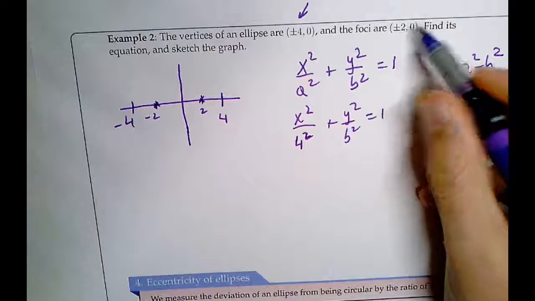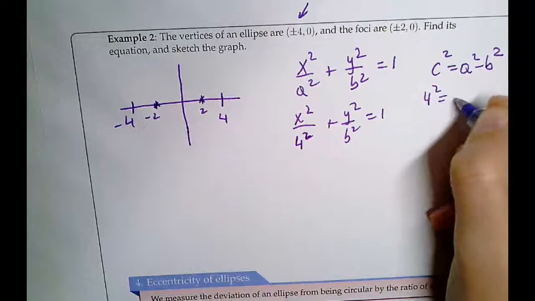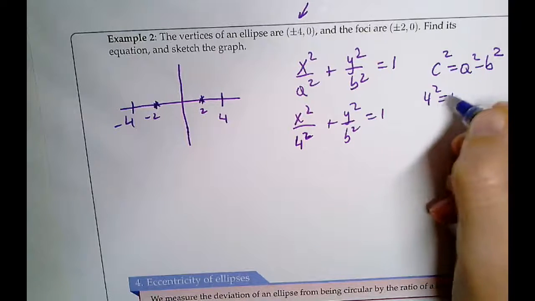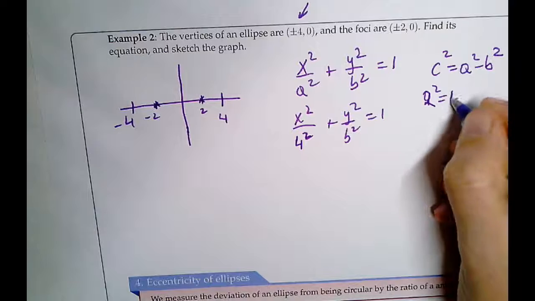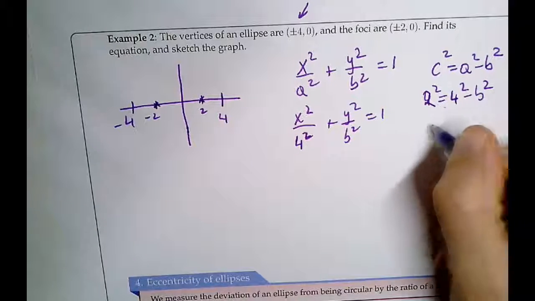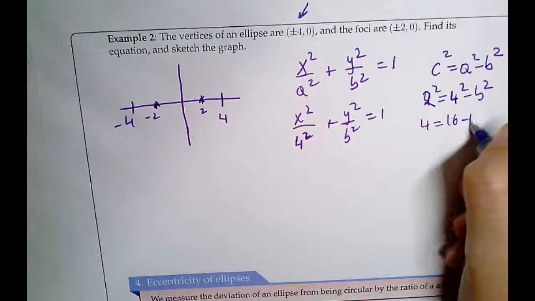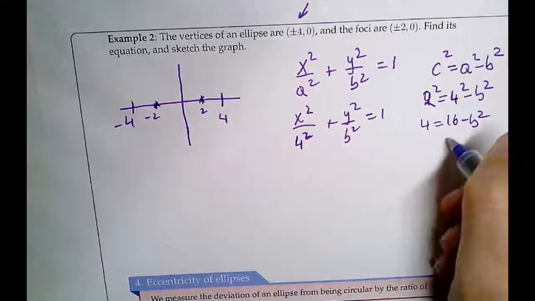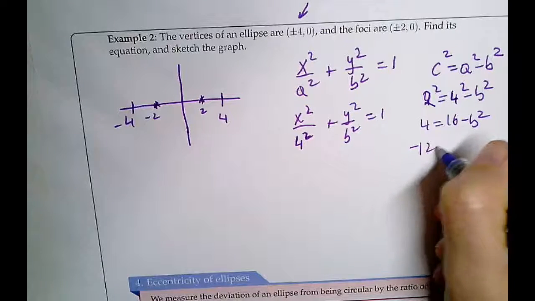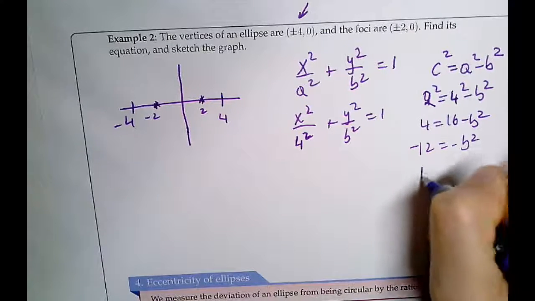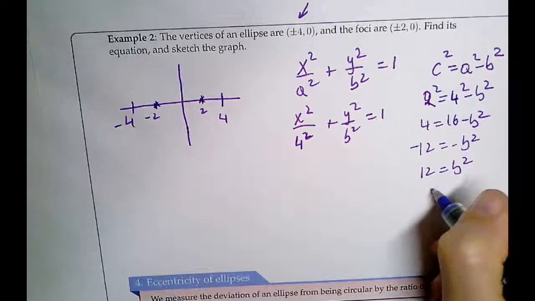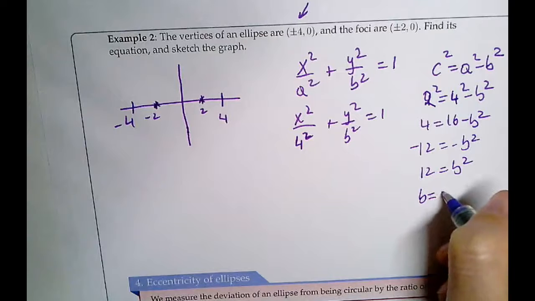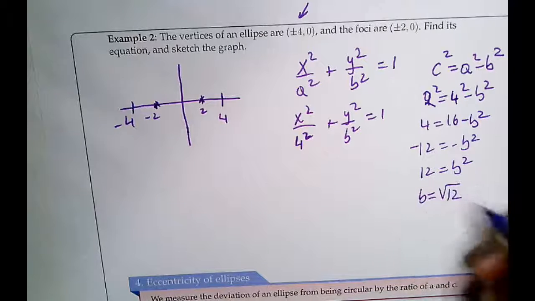And I know that c is 2, so 2 squared equals 4 squared minus b squared. So I get that 4 equals 16 minus b squared. So I subtract 16, so I'll get negative 12 equals negative b squared. So 12 equals b squared. The positive root of 12 is going to be square root of 12.